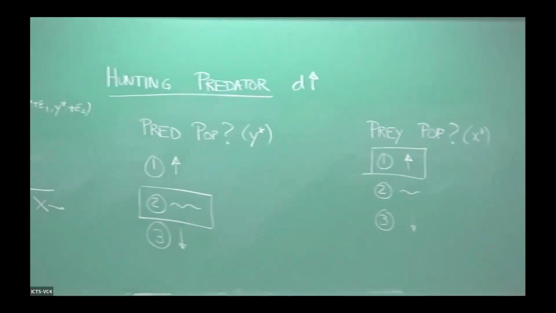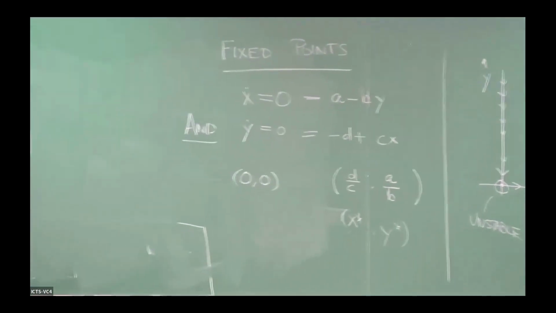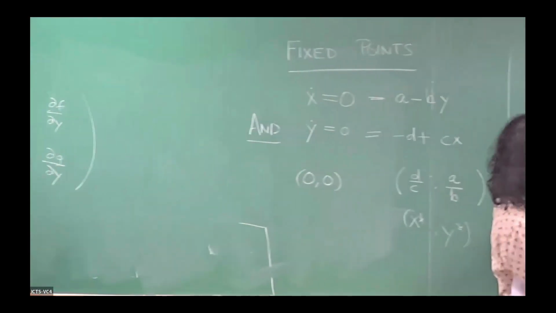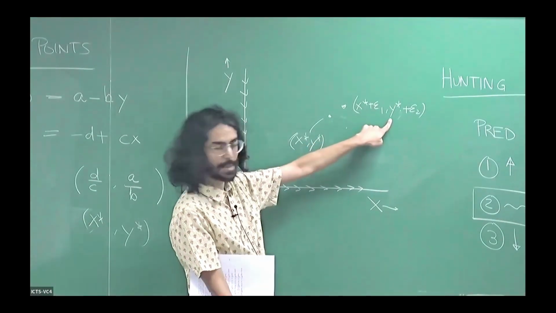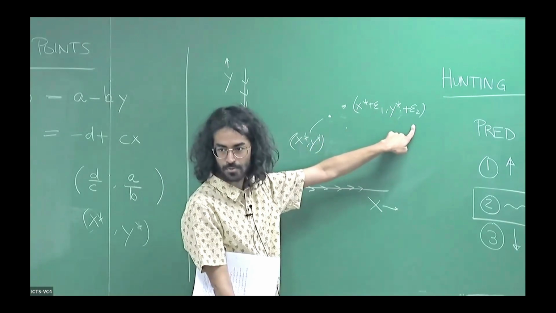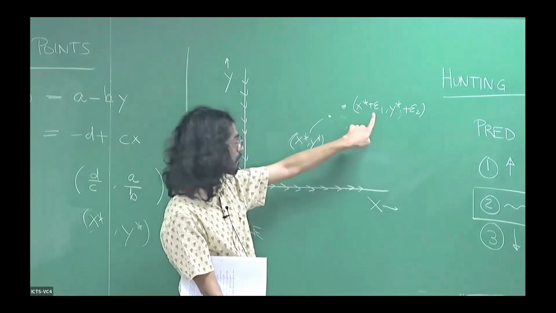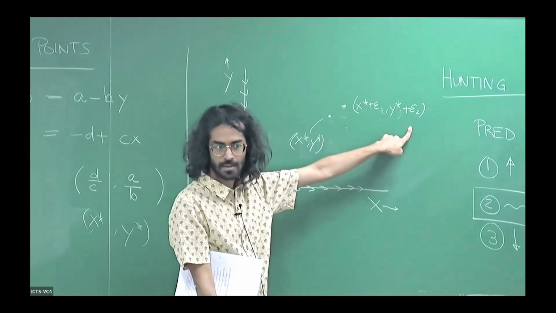So why are we doing that? Our phase portrait is in x and y, but what we really want to know is, if I perturb my x and y by a small amount, here epsilon 1 and epsilon 2, can I derive an equation for the dynamics of these perturbations? Why do I want to do that?